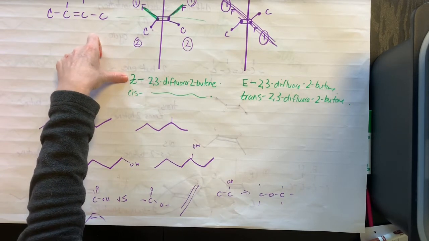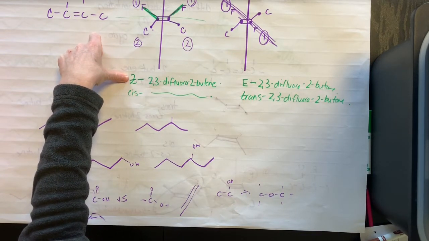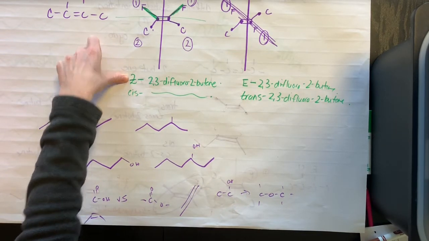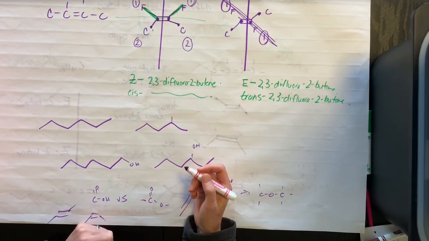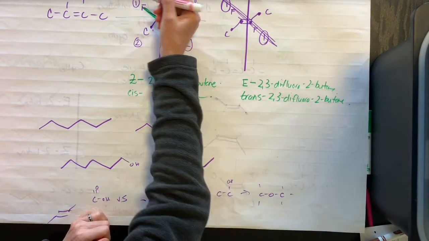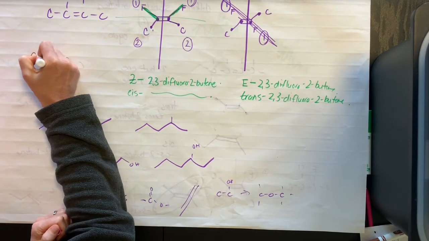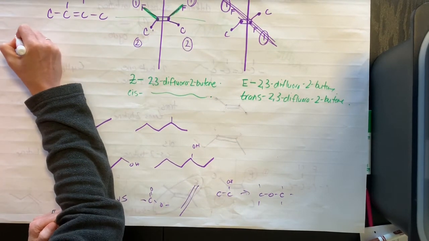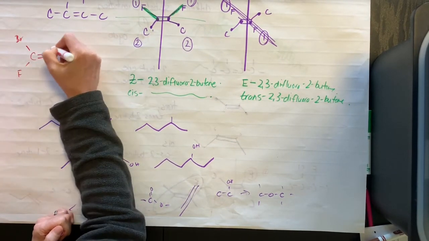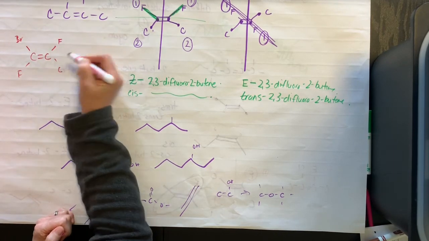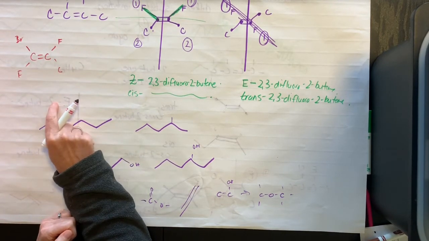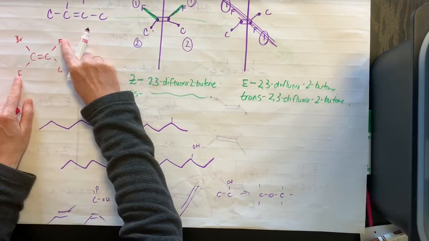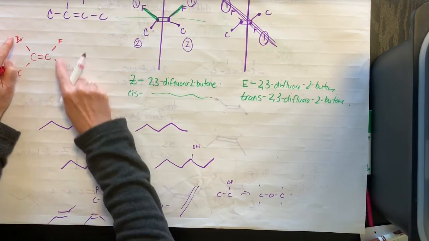Technically, the better way to name is E and Z because it allows you, for example, if I change this to a bromine. You see where cis and trans run into problems is, say I had bromine and fluorine and another carbon. There's no way to name this using cis and trans because you'd be like, well, these are trans, but these are cis and whatever.